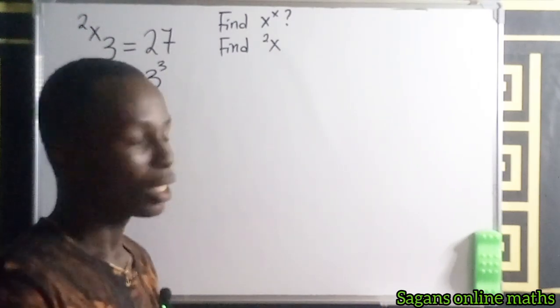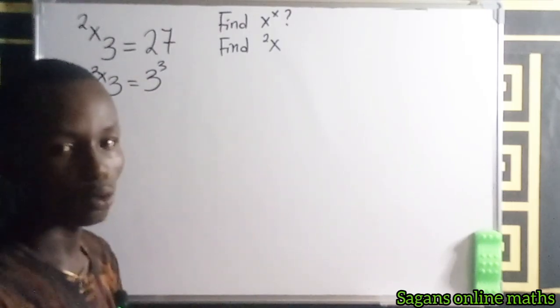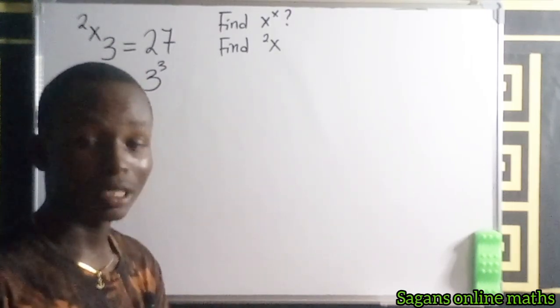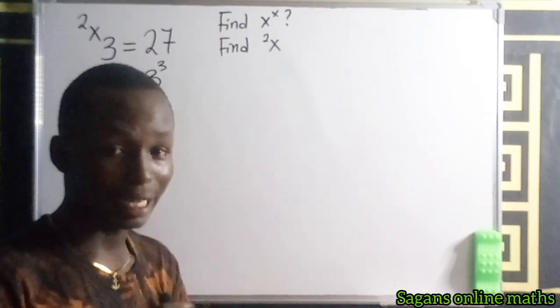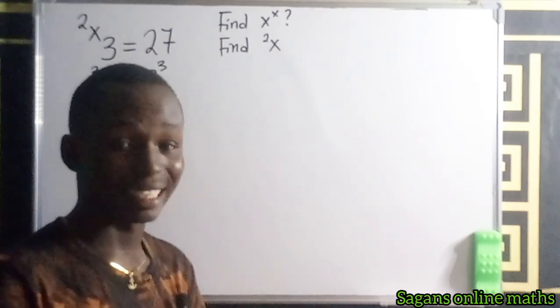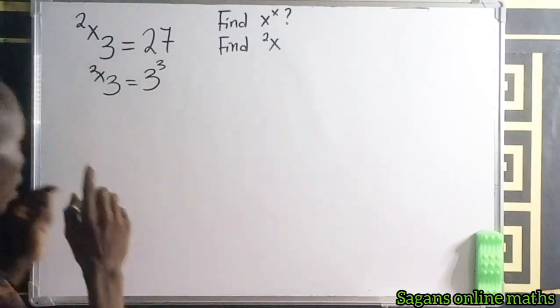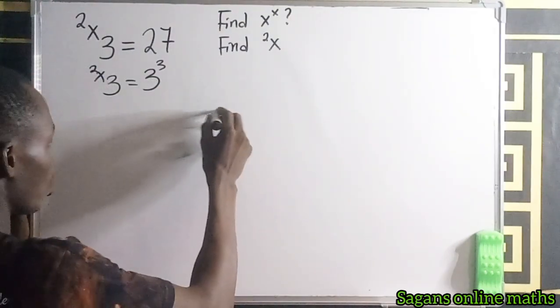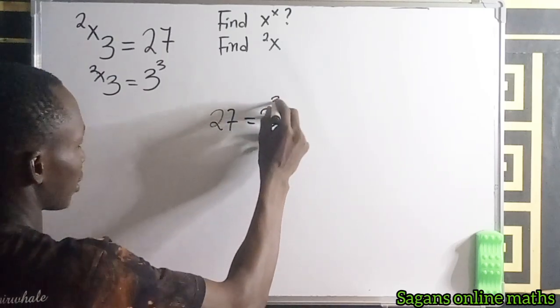Why? Because this is in tetration form and this is in index form. So what you have to do is put them in tetration form. And don't forget, tetration simply means when a number is raised to the power of itself severally. Now, 27 is equal to 3 to the power of 3.